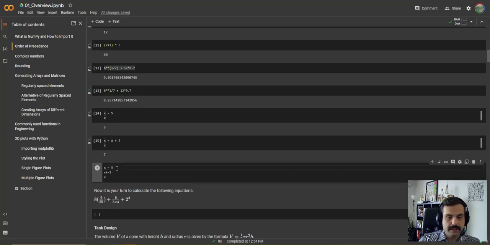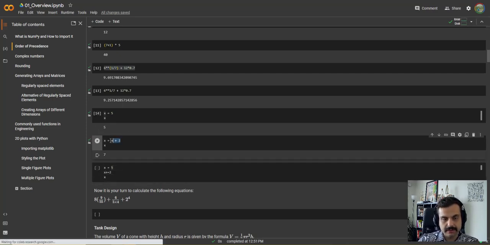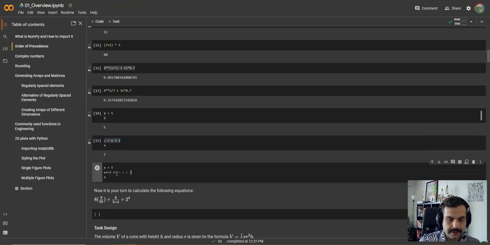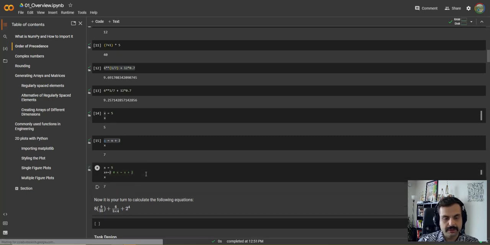Python has this nice feature that instead of using equal, then plus, and repeating x, we can just say x plus equal to. It means exactly this. So if I reassign x to 5 and ask the operation to happen again, it's going to give us 7.